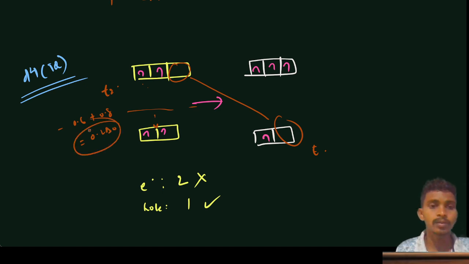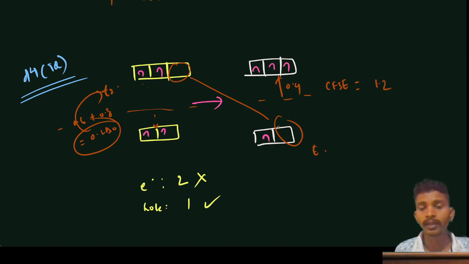Okay, its value is 0.2 delta knots, and the CFS value will be 0.4, so that is 1.2, and this is plus 0.6, this is minus 0.6, so that value is going to be 0.6 delta knots.